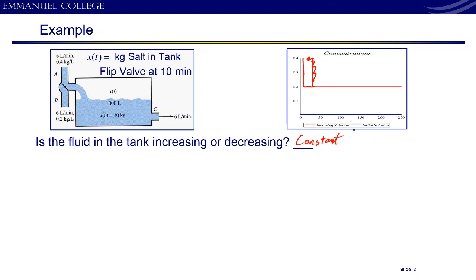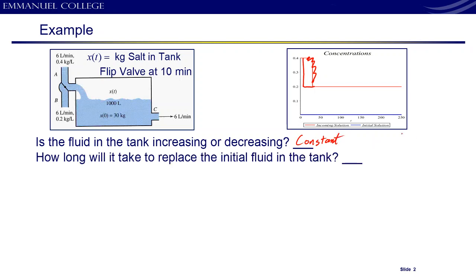How long will it take to replace the initial amount of fluid? Well, if it's got 1,000 liters at the start and 6 are replaced every minute, then 1,000 divided by 6 is how long it would take.